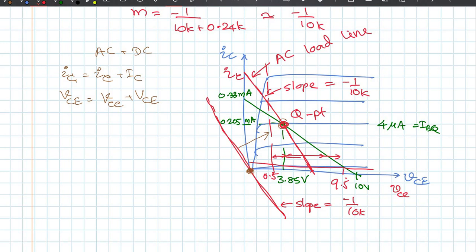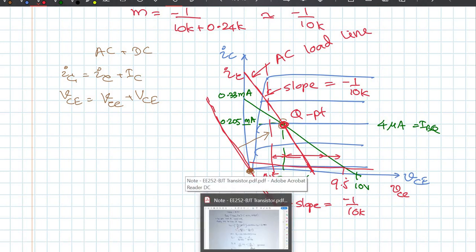So during the 12 millivolts that we apply, it should not go into saturation or cutoff. Okay, if we can have that, this is called properly biased. Right, so this is basically the circuit that you have.